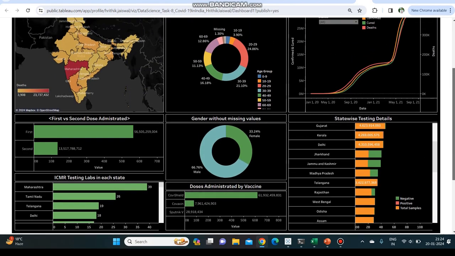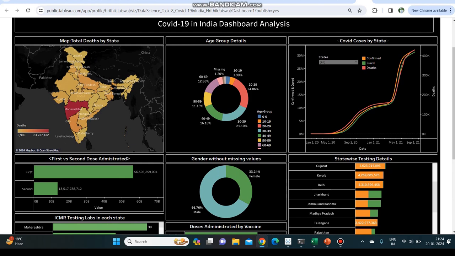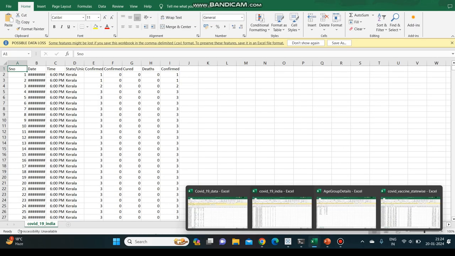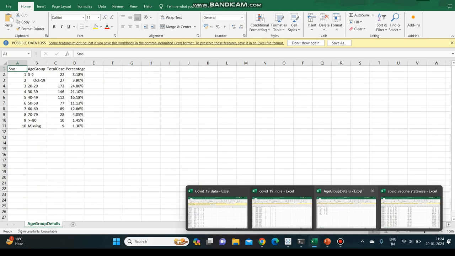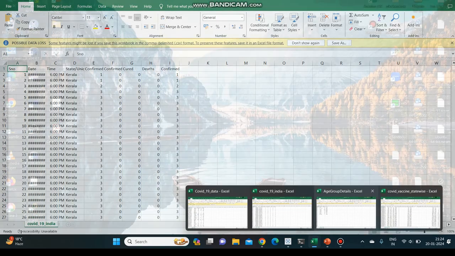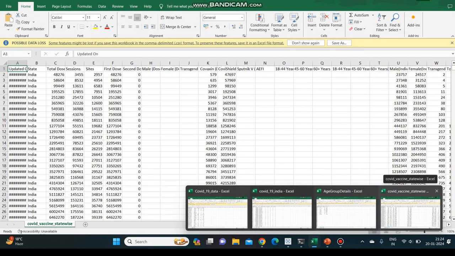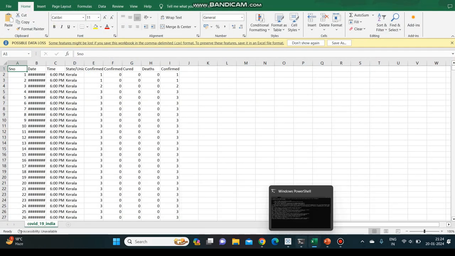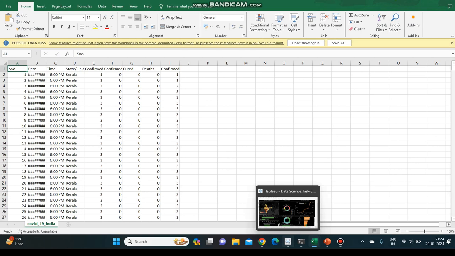So this was all about India's COVID-19 analysis. This was the data set which I used for India, with its age group, time, state, and so on, and its vaccine details. Now let's look at the data analysis of COVID-19 for the world.